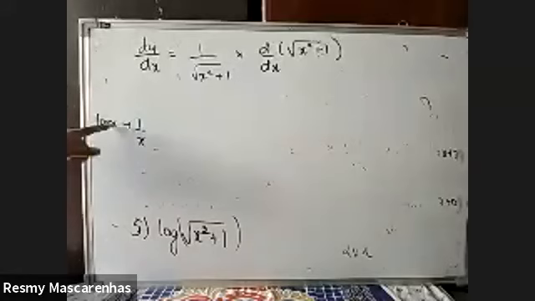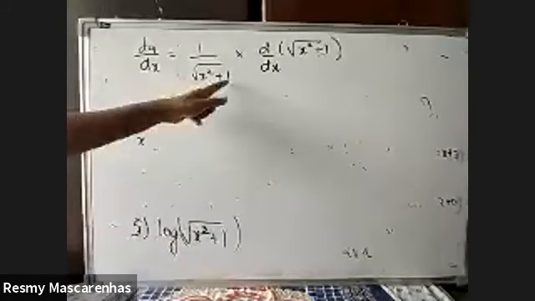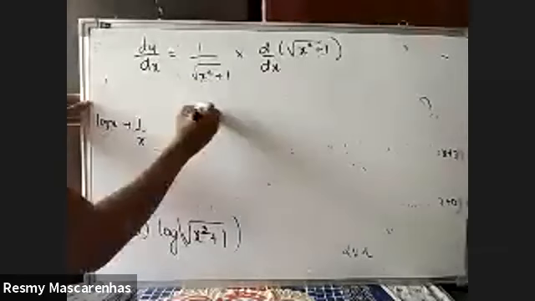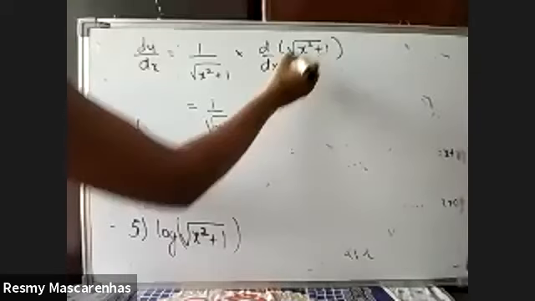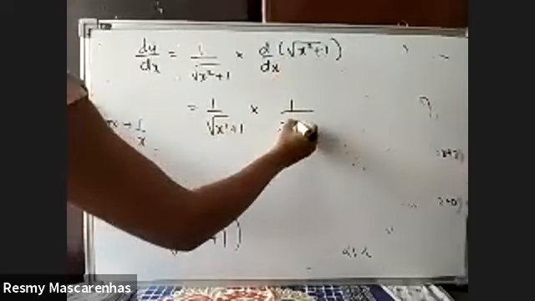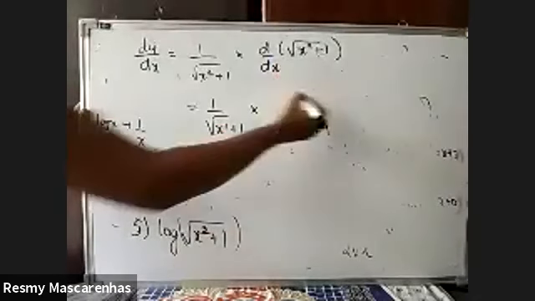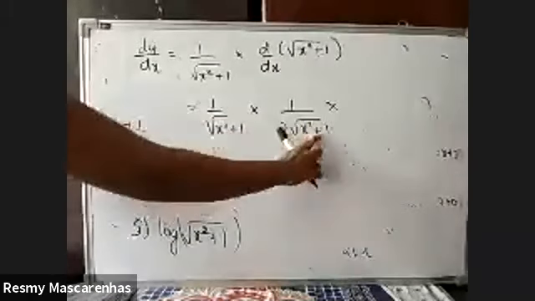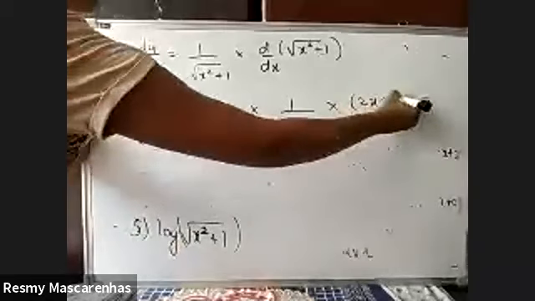So instead of x, it is root of x square plus 1. So instead of that, I wrote this and then take the derivative of whatever was inside the bracket. Now this will be the derivative of root x, which is how much? 1 upon 2 root x, into, now I'm not writing again and again, the derivative of this again, inside the bracket you have to take. So what will it be? 2x plus 0.